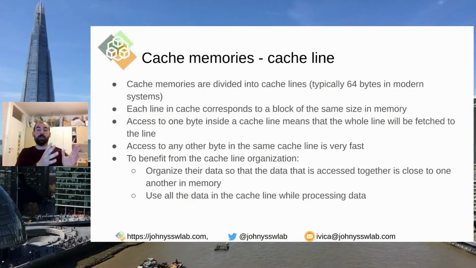So a block of 64 bytes in cache corresponds to a block of 64 bytes in memory. If you access 1 byte inside the cache line, the cache memory will fetch the whole block of 64 bytes to the cache memory. So the first byte costs you 300 cycles. The next access in the same block of memory of 64 bytes is free or very fast.